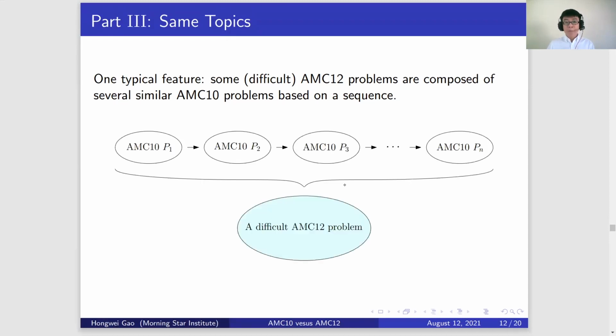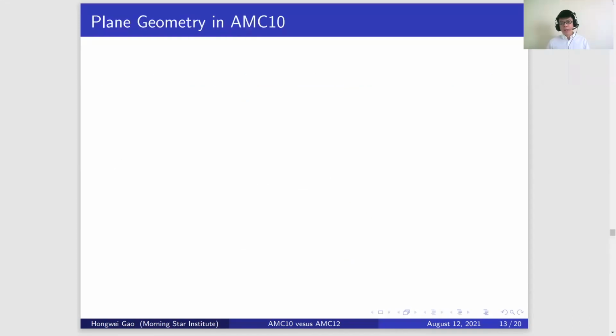In the next few pages, I will explain this idea by using some examples. They are all geometric problems. I chose them because we can use pictures to demonstrate the relationship. But this kind of idea also applies to algebraic questions. Let's see a typical AMC10 geometric question.